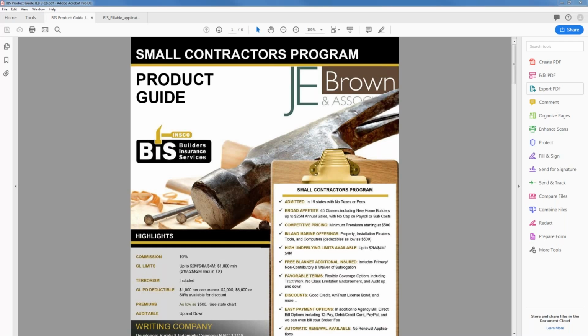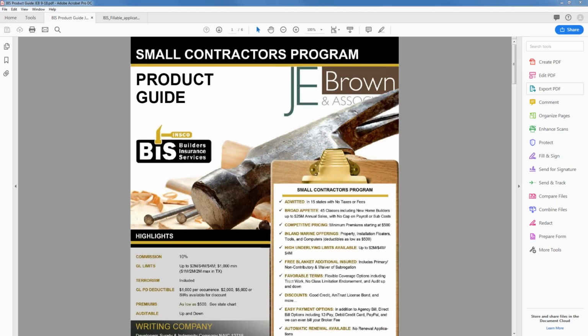Okay, gotcha. All right, and then it says, can you write vacant property with this carrier too? So right now we just have the small contractors program, so no vacants right now. But if you are looking for a vacant market, we have American Modern, AU Gold, CSE, all those via our site. If Nick, let me just chime in there.